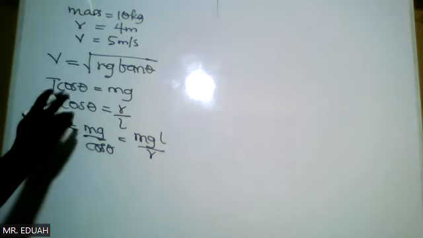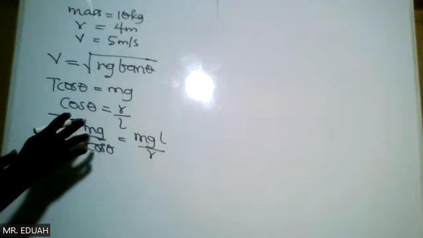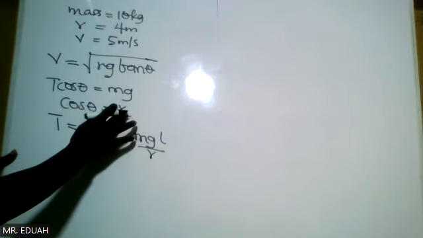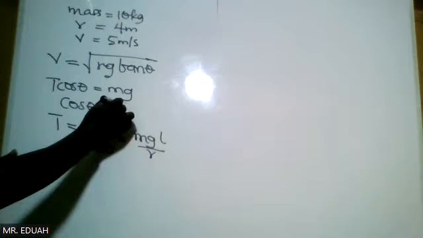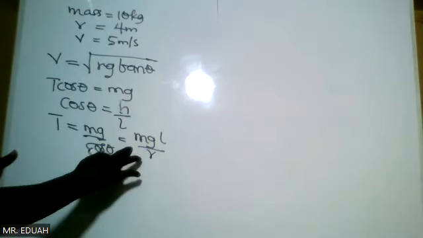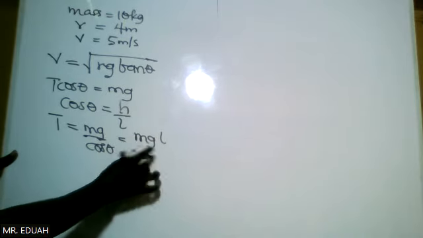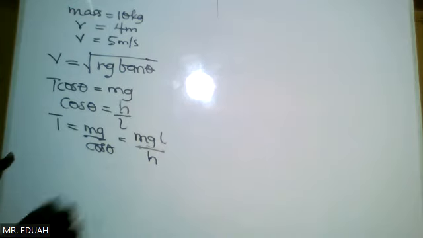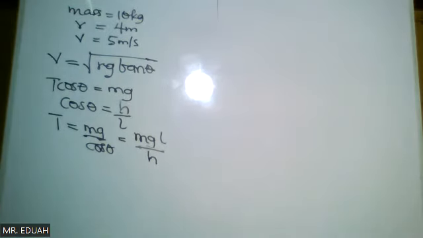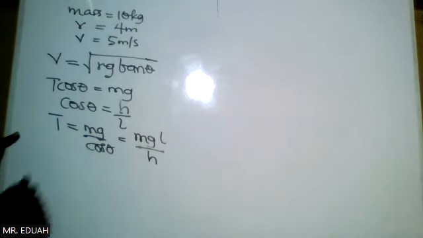Cos theta is R on L. No, rather, it is H on L. So if this is H on L, then this is L on H. Now we don't have L, so obviously we'll use the velocity formula to find the angle.